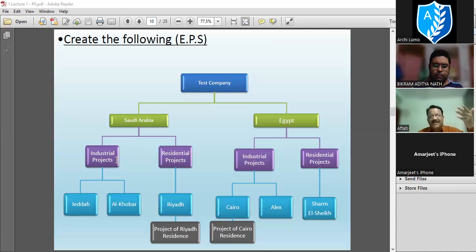Where are these industrial projects? In Jeddah and Al-Khobar, and the residential project in Riyadh. What type of residential projects are there? They are already given over here under the project of Riyadh and residence. The same is given in Egypt: industrial project, residential, Cairo, Alex, Sharm el-Sheikh, project of Cairo residence under Cairo.